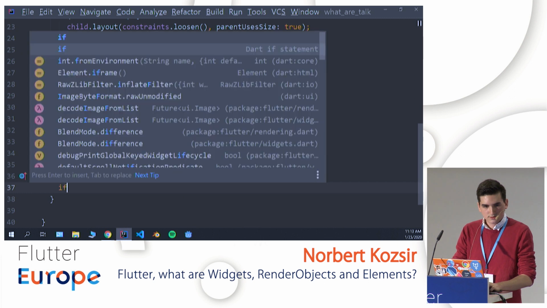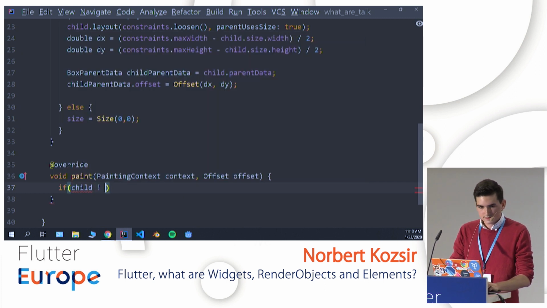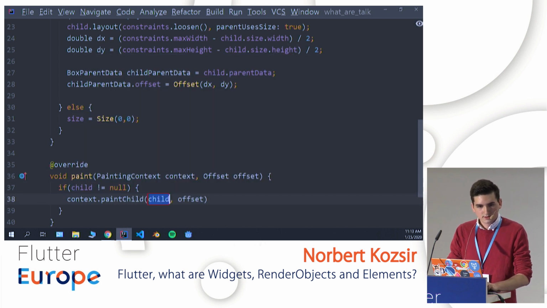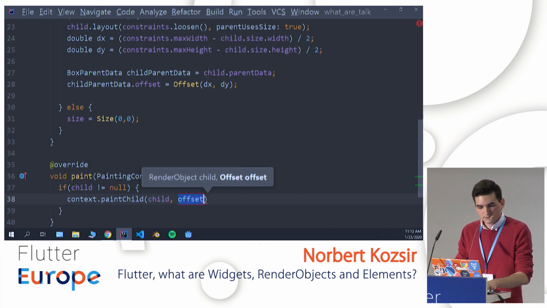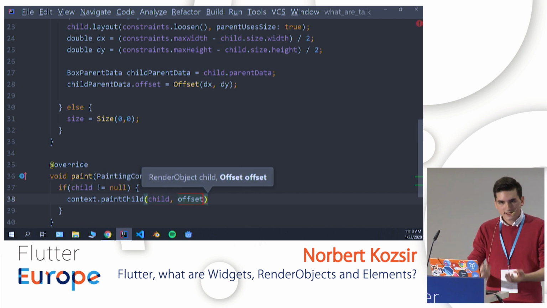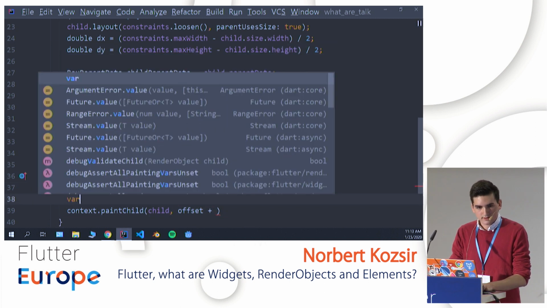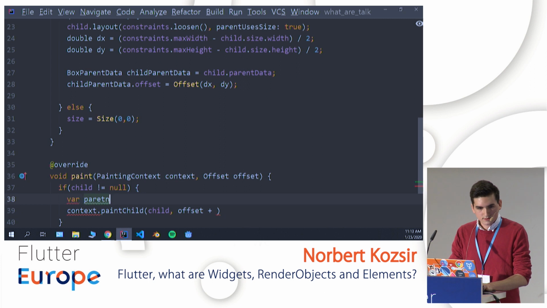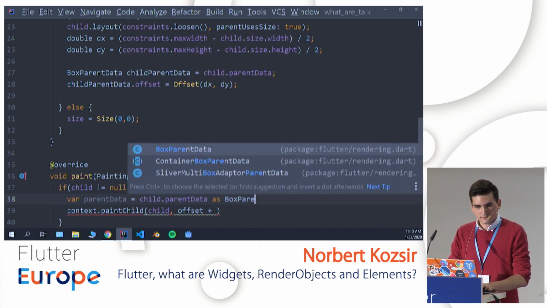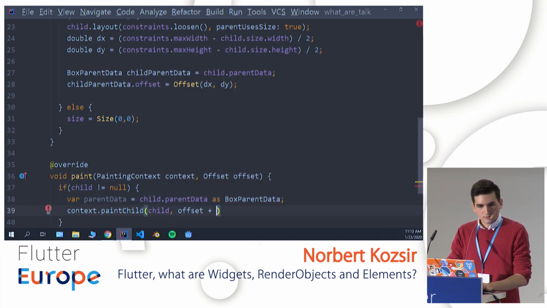So in here we do if child doesn't equal null, we paint it using context.paintChild, and we use the child, and in here we use the offset, which is center, and add the parent data, which we can get by parentData is child.parentData as BoxParentData. We have to cast it, and then we can access parentData.offset.